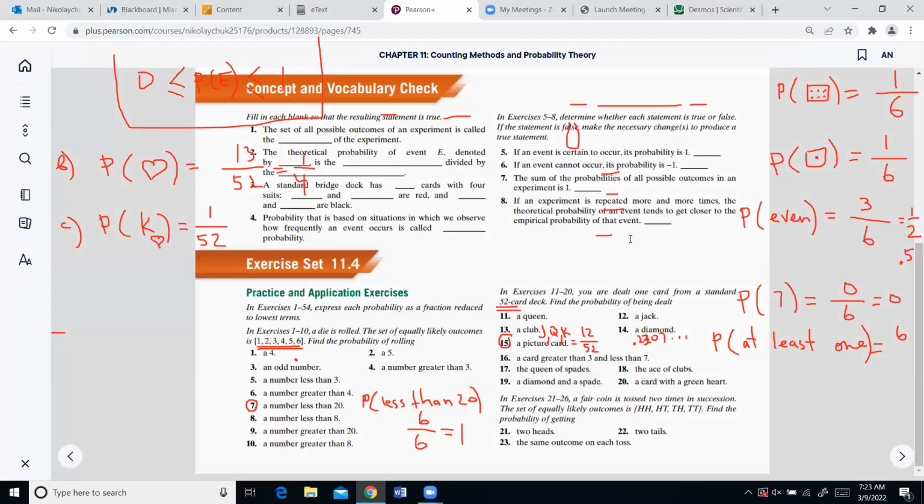So we get some type of a decimal for the answer, because we usually have to reduce this. And notice if you start to reduce, you divide your numerator by 4, so it will be 3, right? And if you divide your denominator by 4, that will be 13.